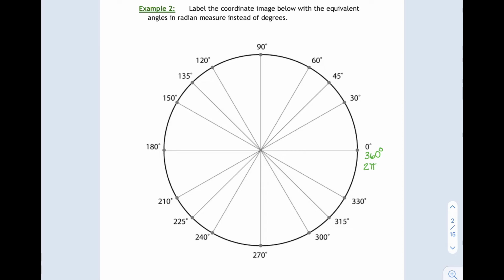If we go over to 180, that's half of 360, so that's going to be pi radians. If I go in the middle of those two, 1.5, or 3 pi over 2 radians, has to equal 270 degrees. And between 0 and pi, half of that for my 90-degree angle would be pi over 2. Then we can base the rest of our angle measures on thinking from those.